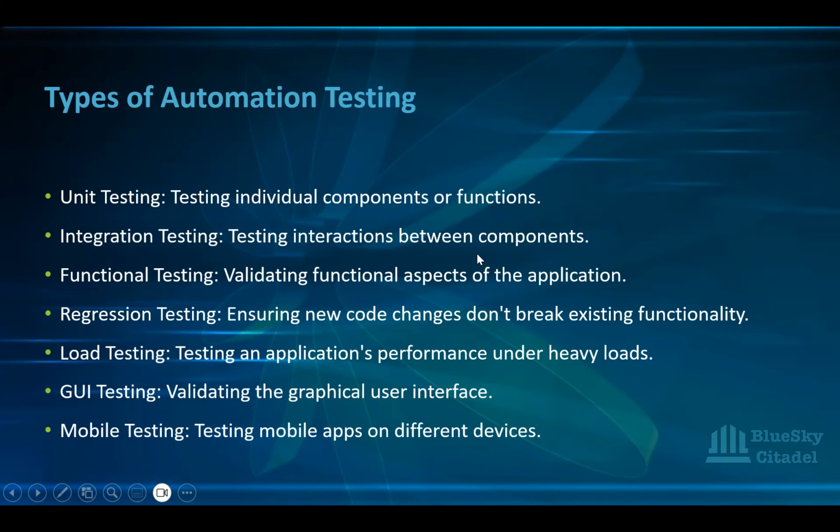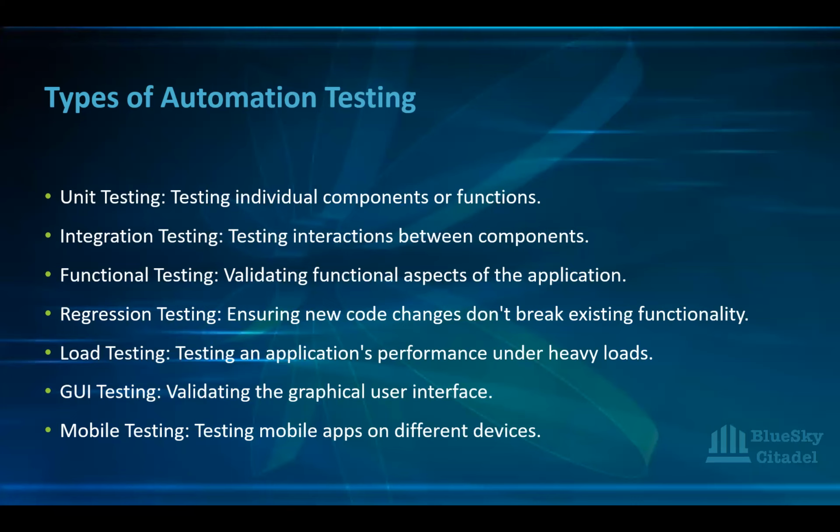Now, we have functional testing. Here, we are validating functional aspects of the application. So what are we talking about? We're talking about the functionalities that are in alignment with the specified requirements.